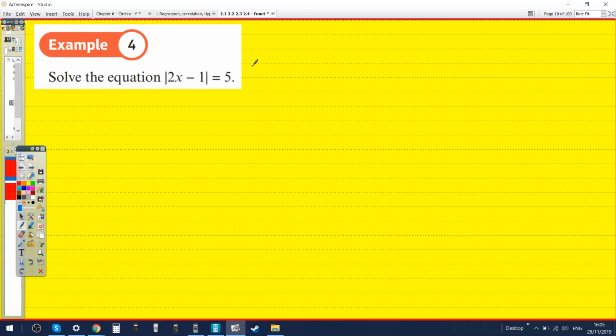No. So what is the modulus of 5? 5. What is the modulus of minus 5? 5. And so basically the modulus of 2x minus 1 could either be equal to plus or minus 5. So if that gave us 5, then that would work. If that gave us minus 5, then it would also work.